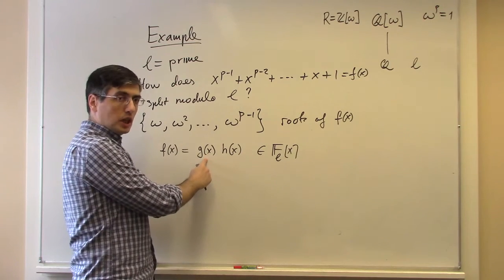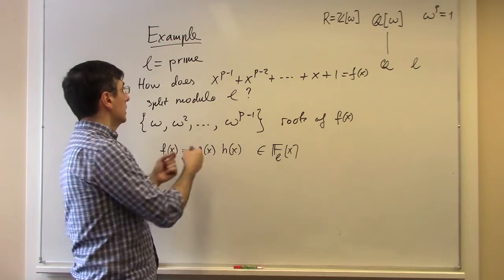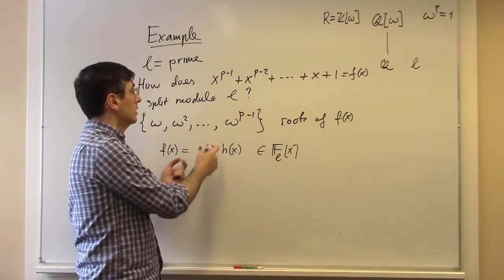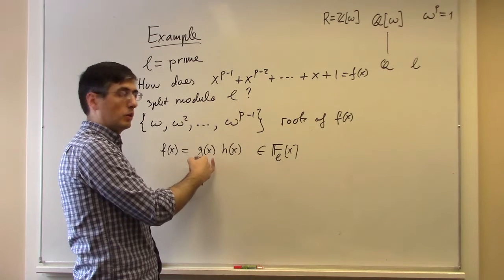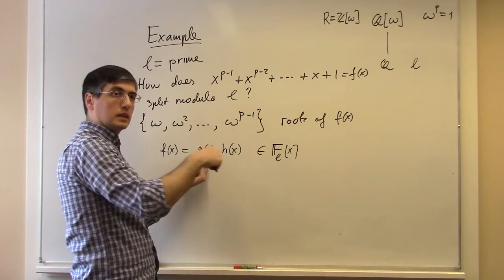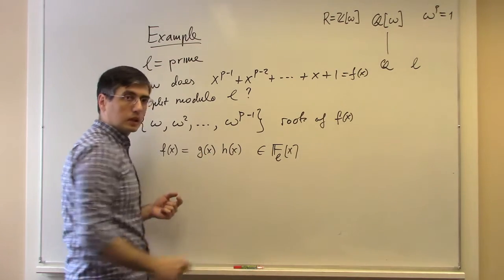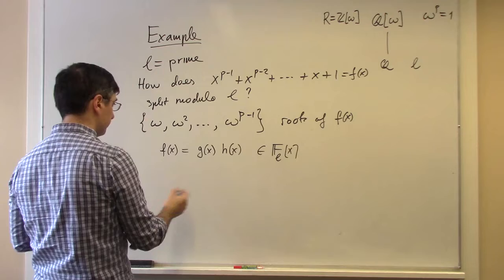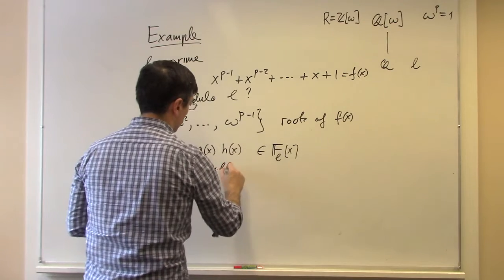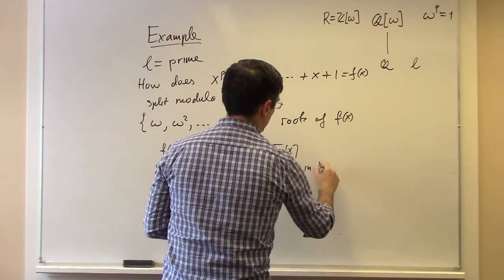What can we say about g(x)? Well, it has coefficients in F_L, which means that if I apply the Frobenius, which is the Galois element, the generator of the Galois group of the splitting field of g(x), then that element fixes the coefficients, because the coefficients are in F_L. So g(x) is irreducible with coefficients in F_L.